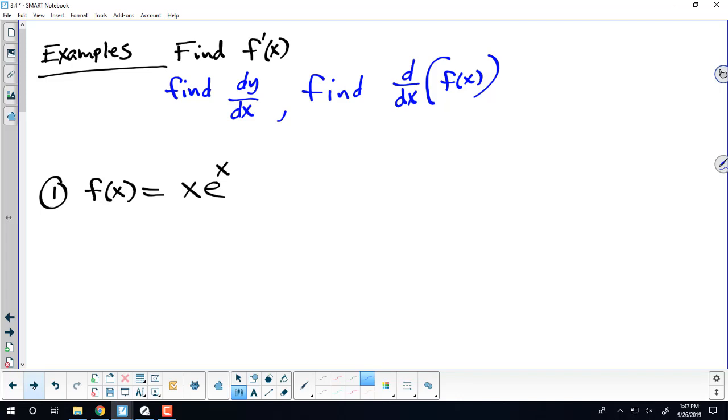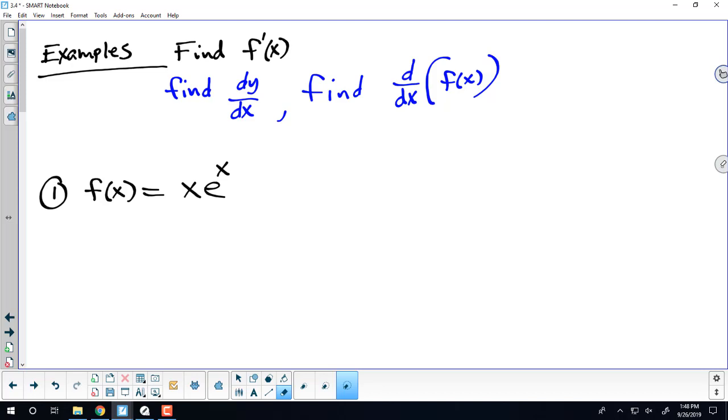So hopefully you can recognize this is a product of two functions of x that I can't combine. Like our last example, when I had the product of these two functions of x, they're like terms, so I can combine them, right? So really, algebraically, that thing right here is not a product rule, in effect. But x e to the x is, because there's nothing you could do to simplify that.